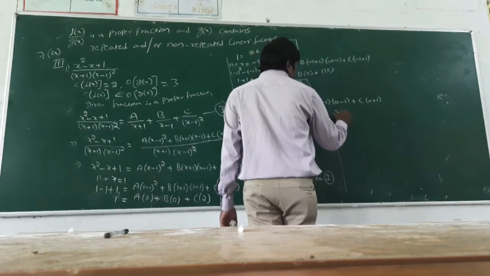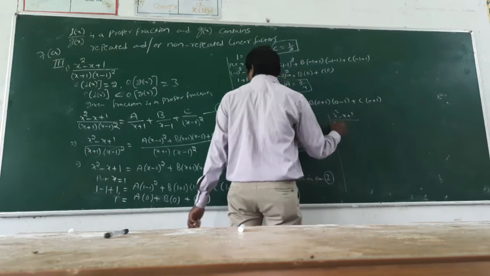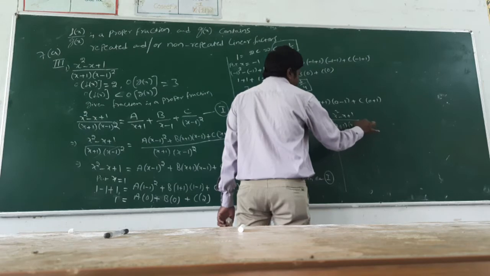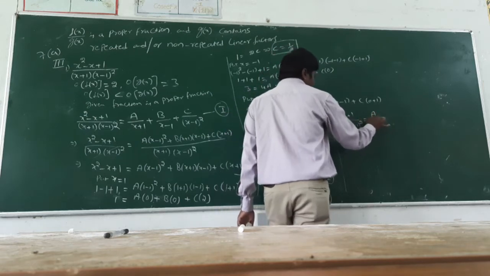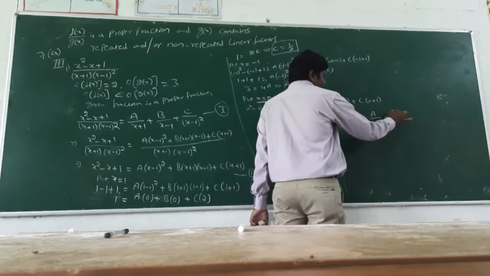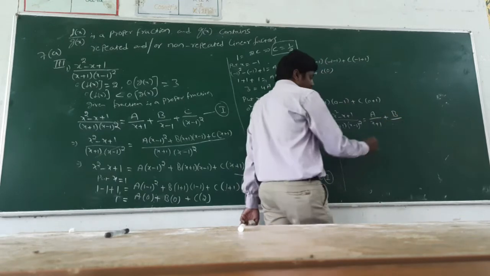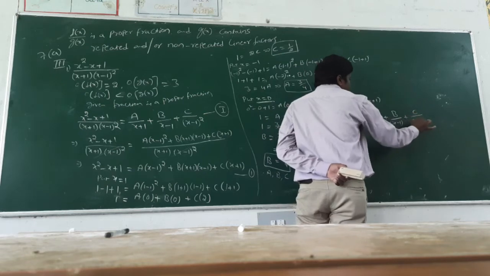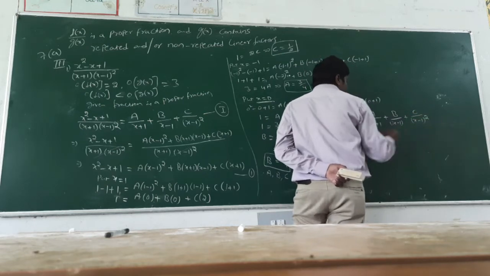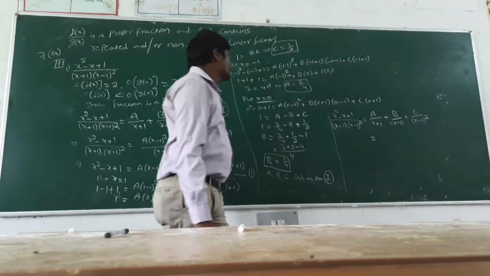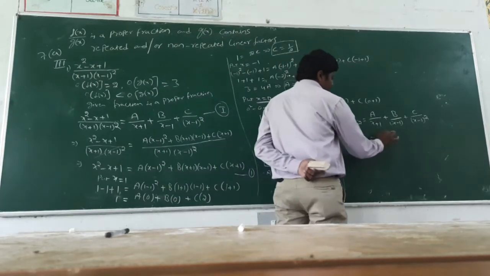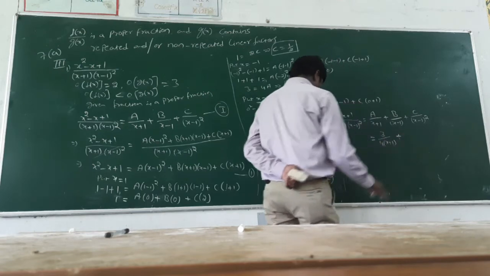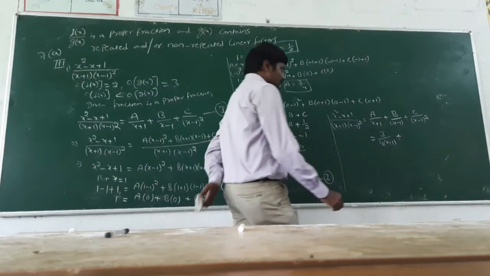Roman number 1 is x square minus x plus 1 by (x plus 1)(x minus 1) whole square is equal to a by x plus 1 plus b by x minus 1 plus c by (x minus 1) whole square. We substitute the a value, which is 3 by 4, so 3 by 4 of x plus 1, plus b value is 1 by 4.